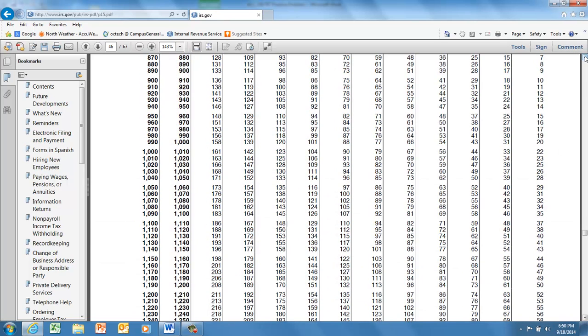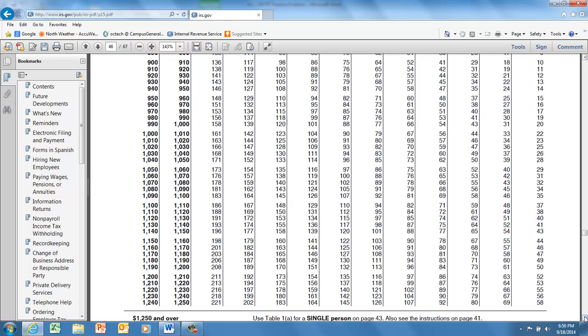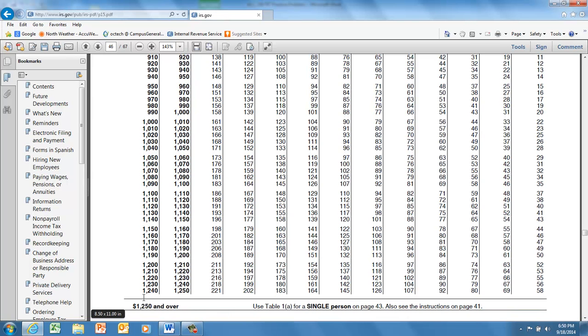The very tail end of the single page, the last thing that I have is 1,240 to 1,250, and it says here, if it's over 1,250, then you have to use the percentage method. So we're not going to be able to use the wage bracket method for A Forrest. We will talk about A Forrest in the next YouTube.